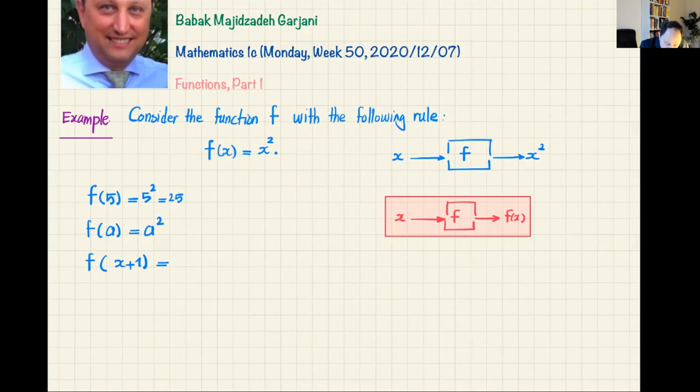So whatever you see inside the first pair of brackets is the input for your machine. Here you see x plus 1 as your input. So what would be the answer? Within parentheses, x plus 1 squared, that's x squared plus 2x plus 1.